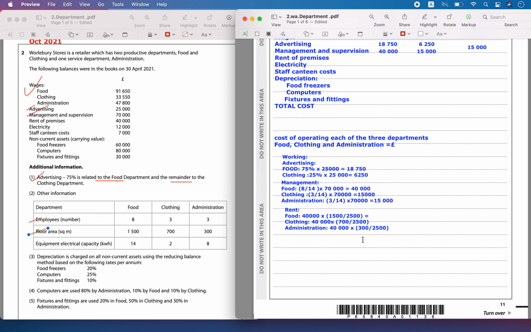Now let's calculate these values. The food department is 24,000, the clothing department is 11,200, and administration, 300 out of 2,500 of the 40,000, is equal to 4,800.